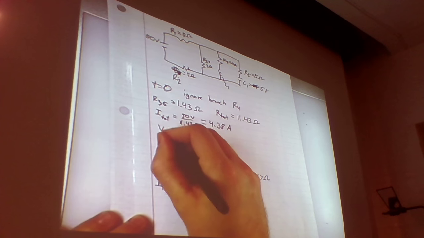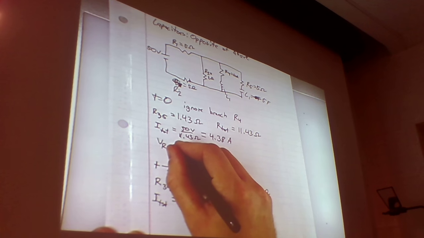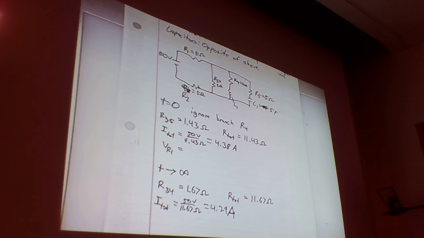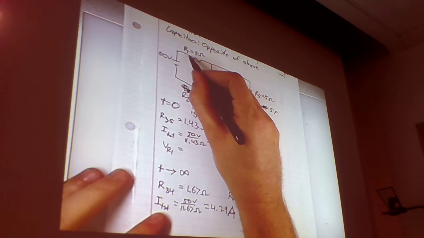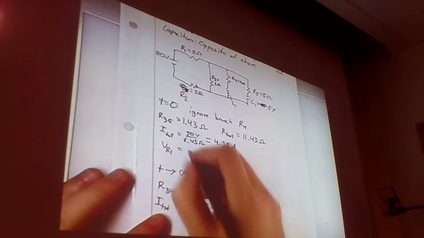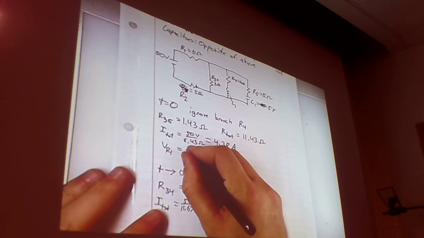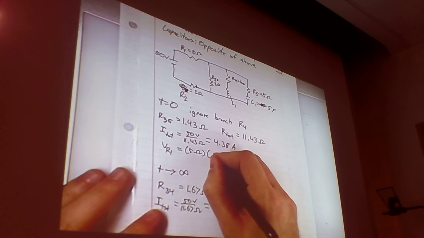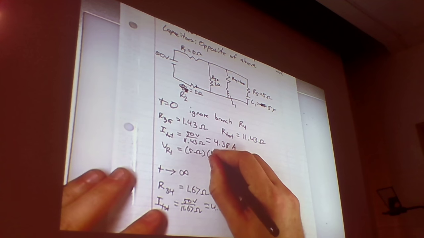VR1 here will have the full amperage coming out at this starting point. So once we reach this 5 ohms, all we have to do is 5 ohms times our total amperage, which is 4.38.